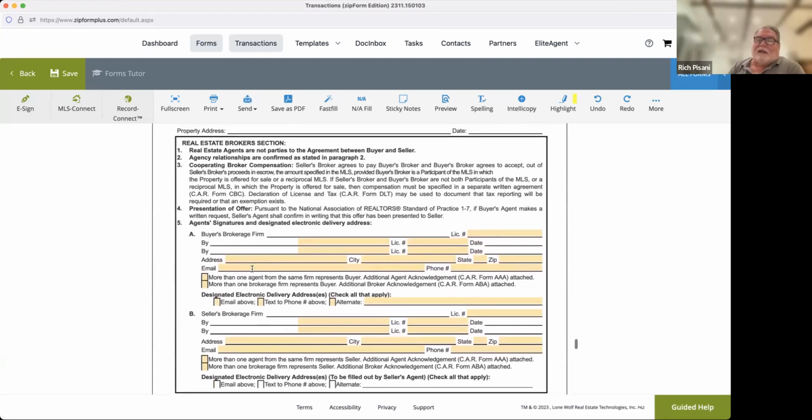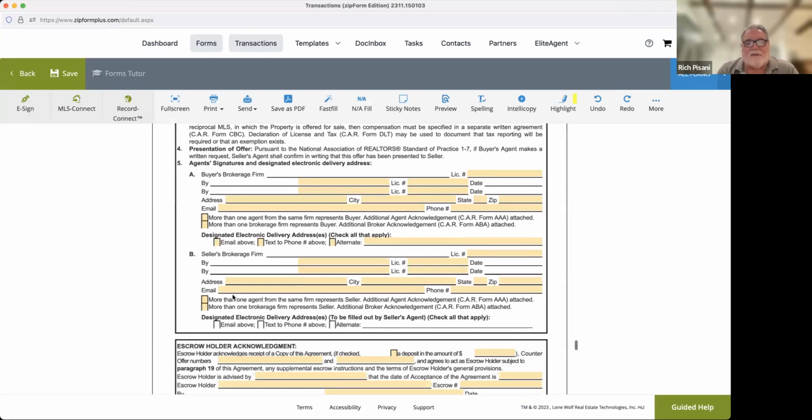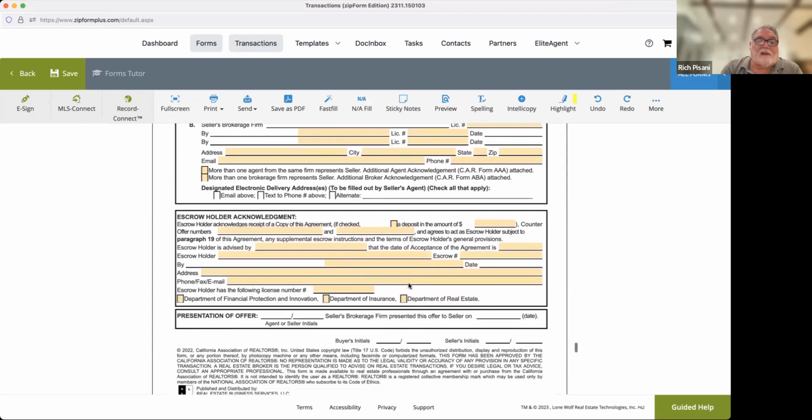This is where we put in our information, and we should fill this out. And you have the seller's brokerage information. Fill it out. I would put in the seller's electronic information, so that you're accepting for them that they will accept things electronically, and you're accepting that once you're accepting it electronically.